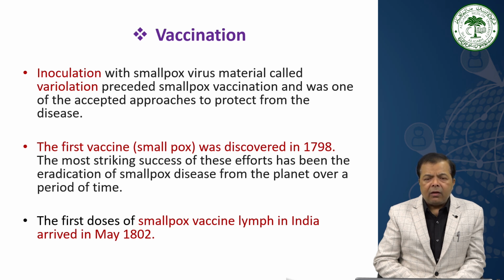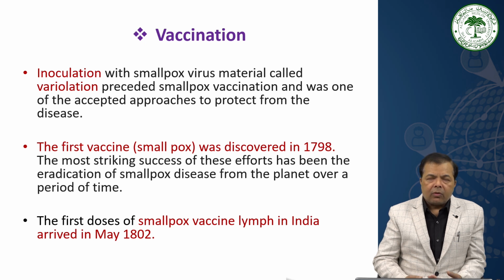The first vaccine was discovered in 1798, and that was basically the vaccine of smallpox. The most striking success of these efforts has been the eradication of smallpox disease from the planet over a period of time.